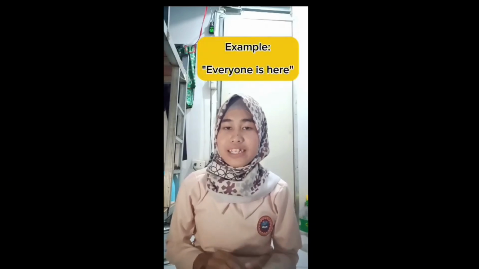Another thing is when we use the indefinite pronoun, which is general. Like for example, everyone is here. So even though the word everyone sounds plural, it is considered as a singular.